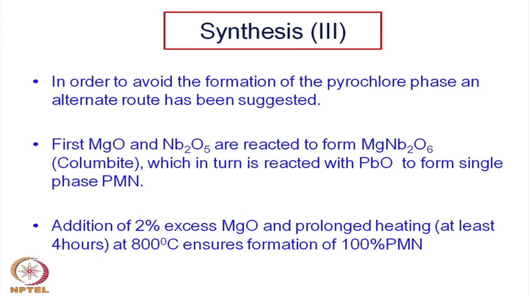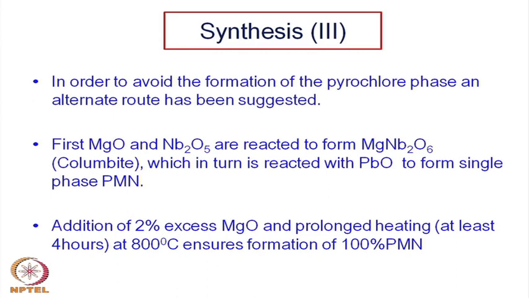So the columbite phase, not lead magnesium niobate, only magnesium niobate, which forms initially, is allowed to react with PbO, so that it gets transformed to the single phase PMN.